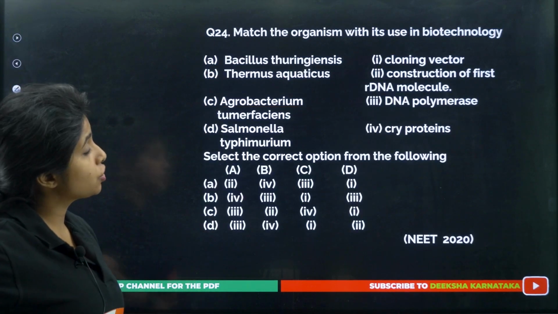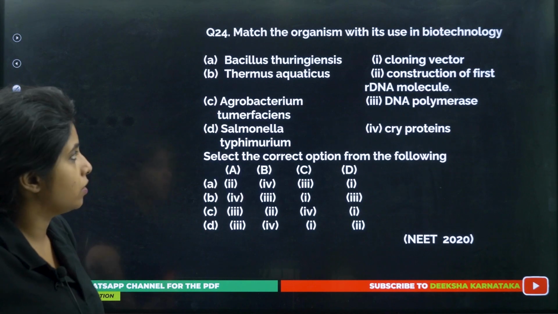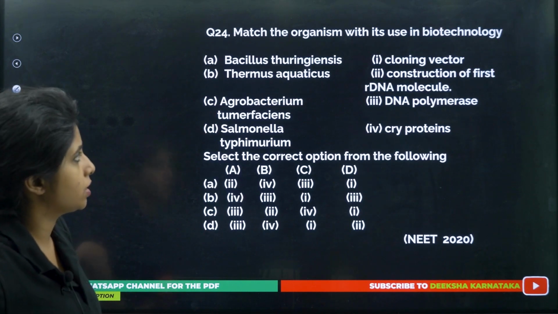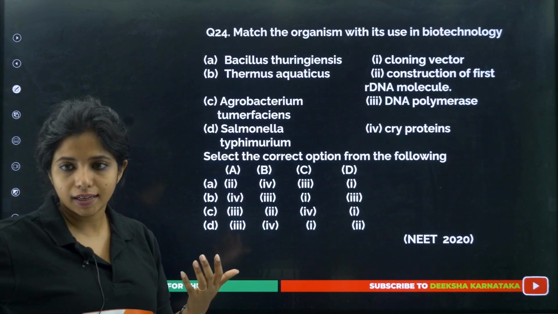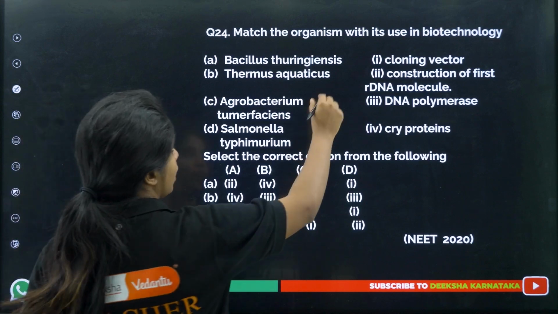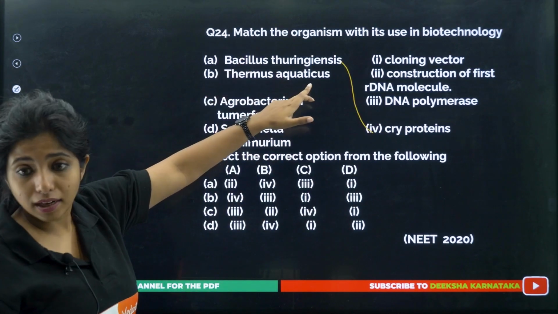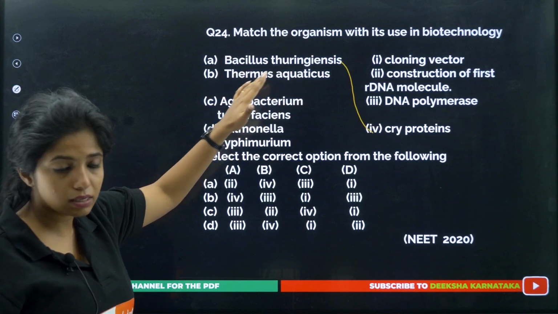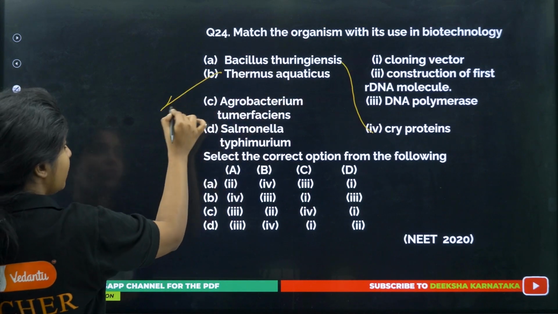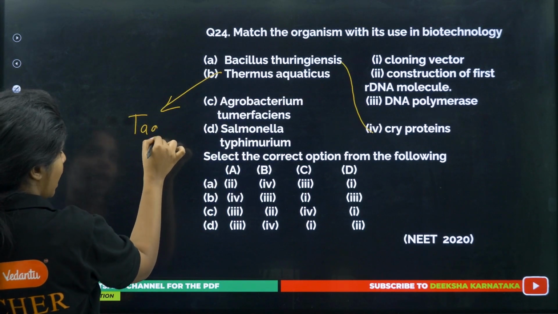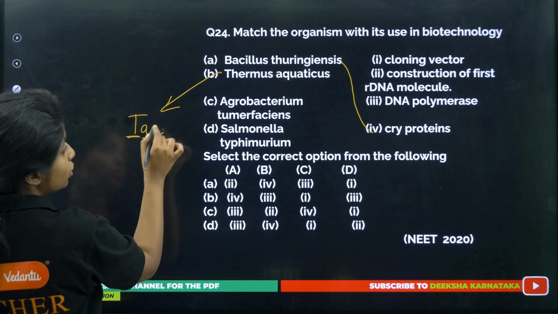24th question. Match the organism with its use in biotechnology. Bacillus thuringiensis, BT, you know, BT cotton and things like that. They have cry proteins, which we have not studied as of now, but let's keep it like that. Thermus aquaticus gives us a polymerase known as Taq polymerase. T stands for Thermus and aq for aquaticus.